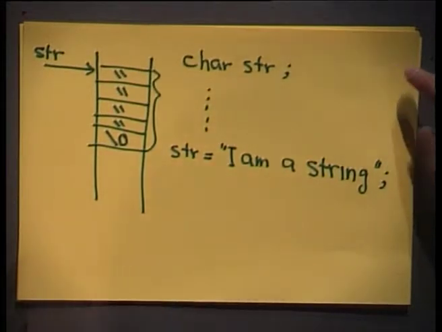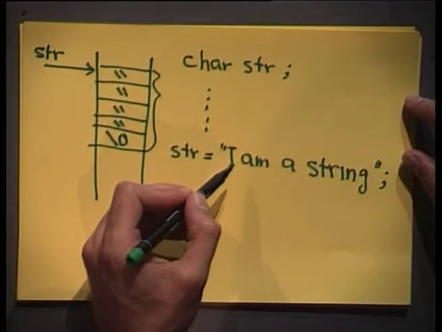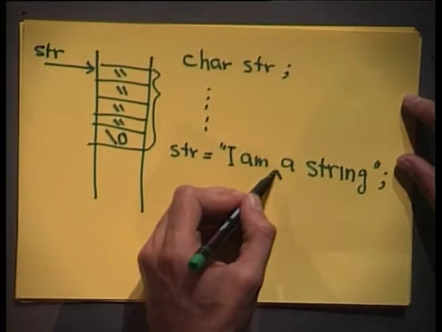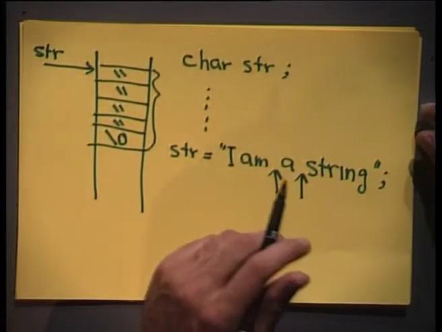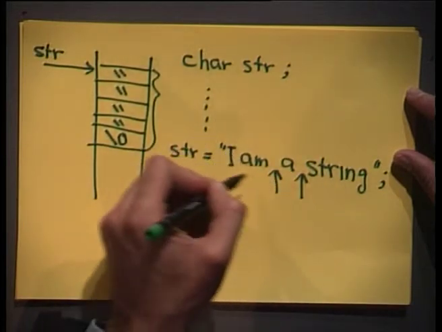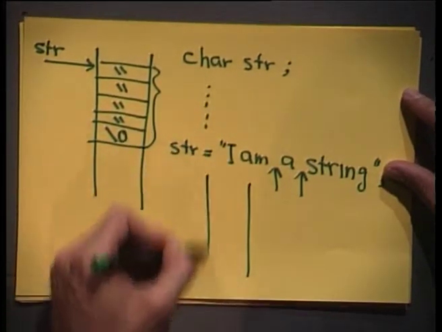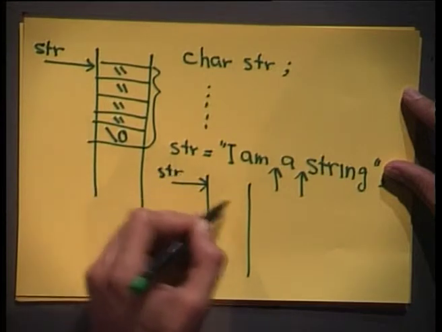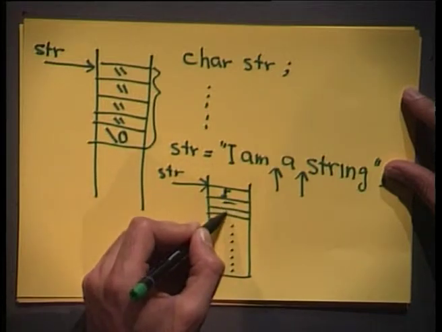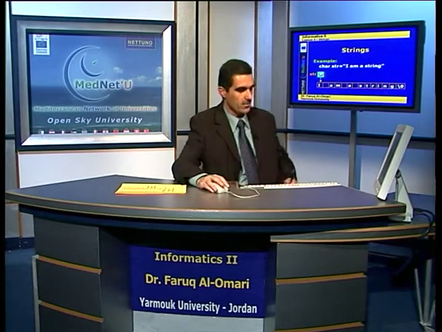then what I'm doing in this case is reserving in memory a contiguous block, an array of characters, to accommodate all of these characters, including these spaces in here, which are blank characters, so they count. So I'm reserving in memory enough locations to hold all of these characters in a contiguous fashion, like that. So str is here, and then down here, I have I, blank, A, M, and so forth. Here's a picture of it if we go back to the screen.